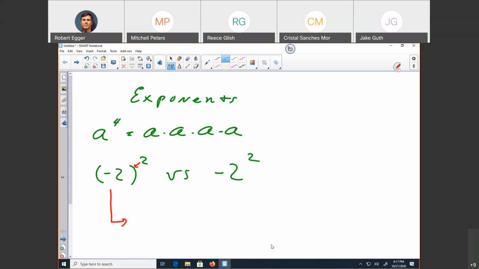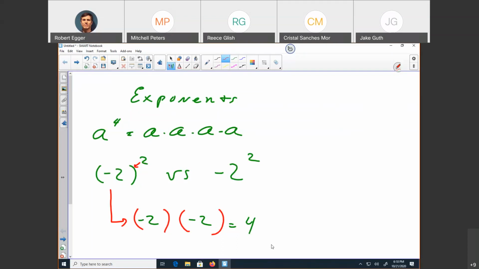So this guy says, I'm going to multiply whatever's in the parentheses twice. And the inside just goes along for the ride. And the exponent has no idea. Which means I'm multiplying two negative numbers, and two negatives always make a positive. So this becomes just a positive 4.